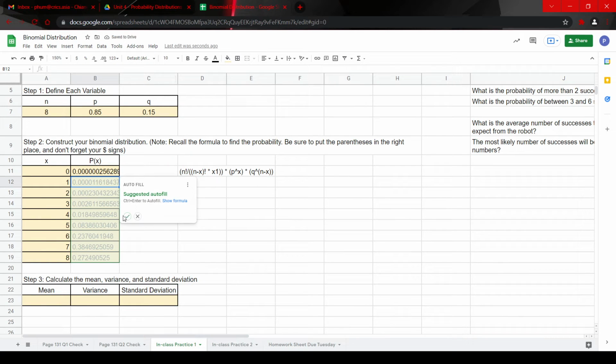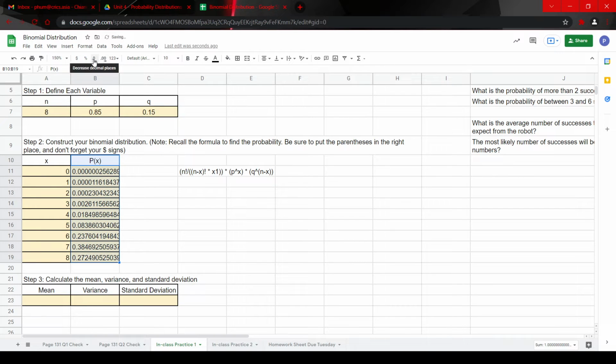I can choose to autofill this. If you don't want to autofill, or if it doesn't pop up, you can click this blue square and drag it down. In this case, we can see that we have a lot of decimal places. And we usually don't really want to have this many decimal places. One thing you can do is select your probabilities, and then up here, there's an increase and decrease decimal places button.